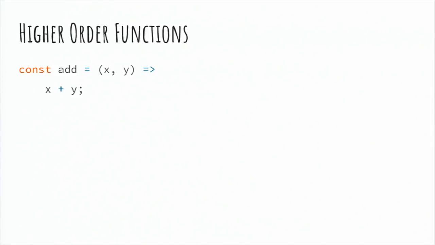So it's the add function, of course, and an add function has two parameters. But I'm not going to write it this way. I'm going to write it like this. This is called currying. You have two functions, an inner and an outer function, and they both have one parameter.